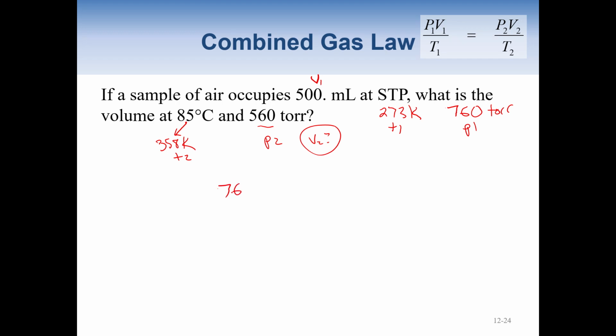P1, V1, T1, and we're going to set that equal to P2, V2, which I'm just going to put the letter X for, and T2.